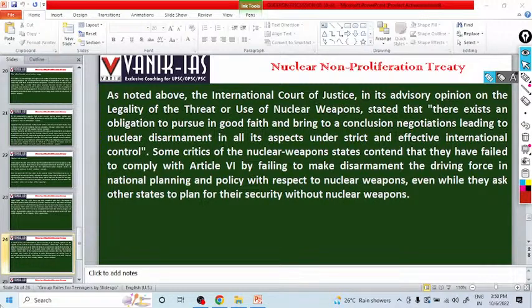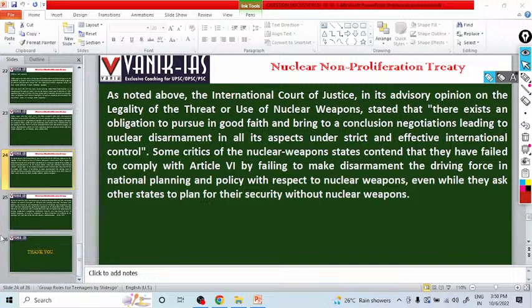Those who advise other countries against acquiring nuclear weapons and to pursue conventional weapon development for their security purposes themselves go on adding to their nuclear stockpiling. That is the biggest issue, which is a major ground of criticism of the Nuclear Non-Proliferation Treaty. And so countries like India oppose this treaty on this particular ground.